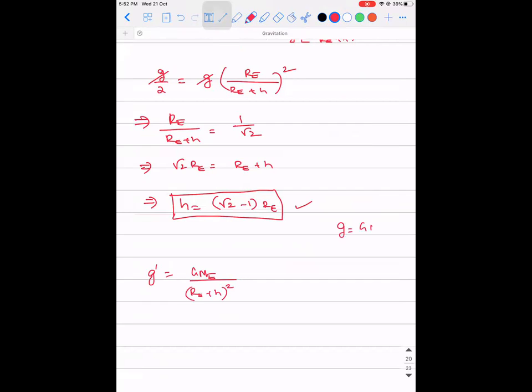We know that small g is equal to GME divided by RE square. This you have derived already. So I have GME here, so I need an RE square in the denominator for me to write it as small g. For that, I divided the denominator with RE square and multiplied with RE square to compensate it.